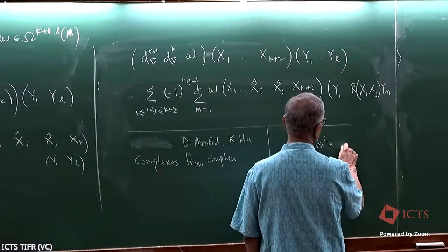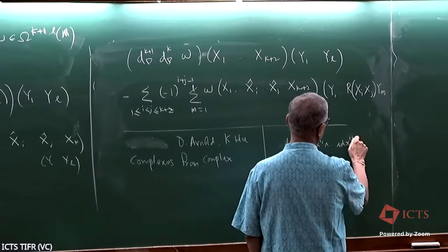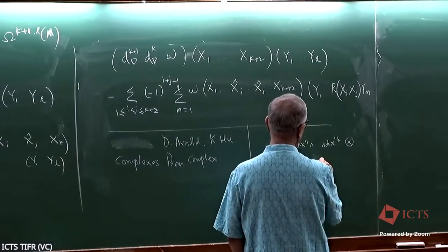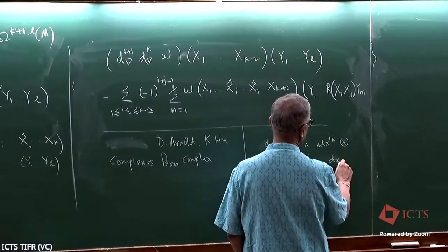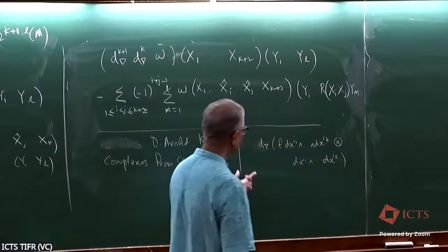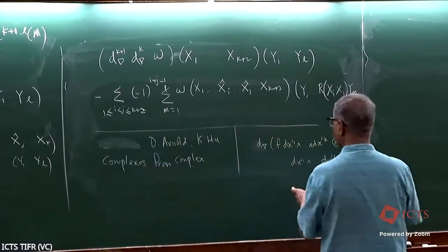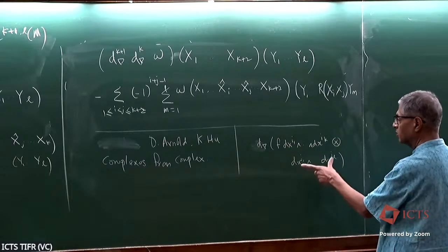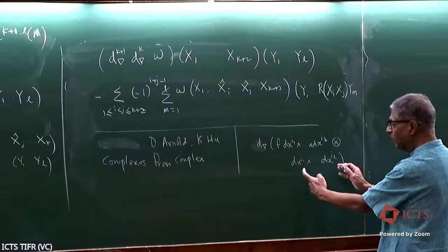So in their case, when they do a denabla of something which looks like f dx_i1 wedge ... dx_ik tensor dx_j1 ... dx_jl, when you do that product rule, the covariant derivative of that part turns out to be 0.